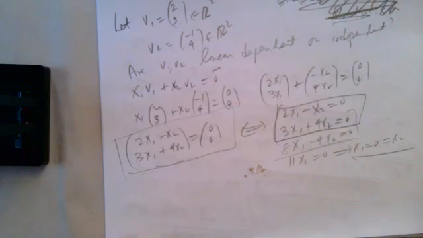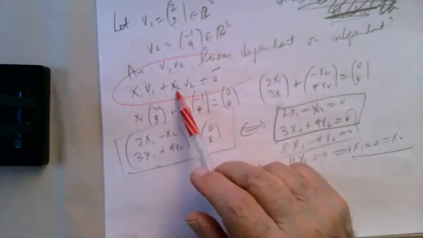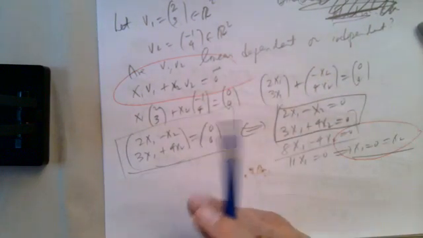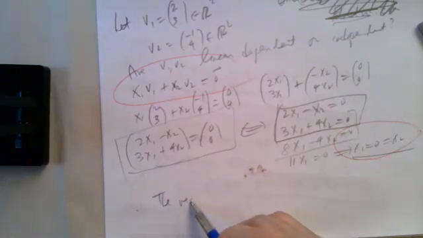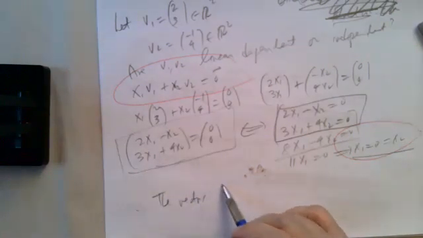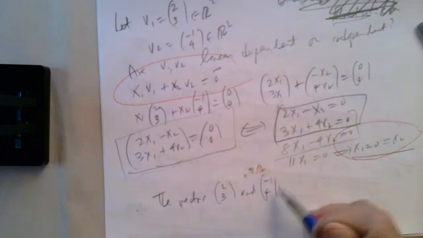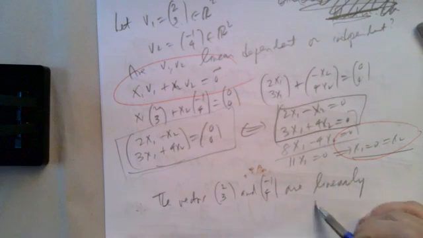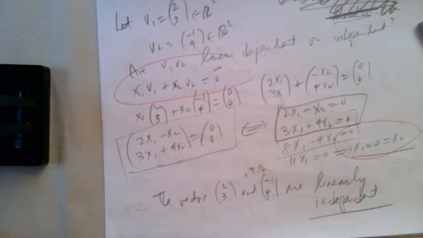So let's come back to this. The only time x1 v1 plus x2 v2 is 0 is when x1 and x2 are 0. Therefore, the vectors 2, 3 and minus 1, 4 are linearly independent.